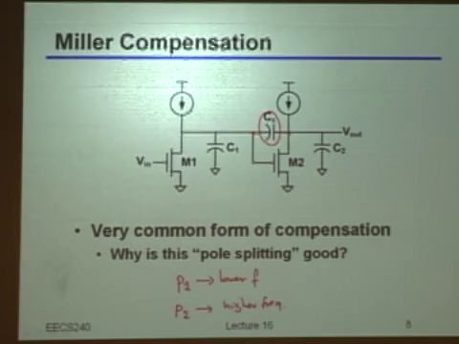Does anybody remember why this happens physically? What's going on there? How is it that I'm getting this result, right? Do you remember? There is an effect that has the same name, the Miller effect, right?